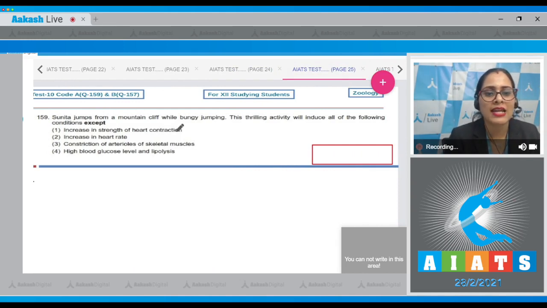Sunita jumps from a mountain cliff while bungee jumping. This thrilling activity will induce all of the following conditions except.